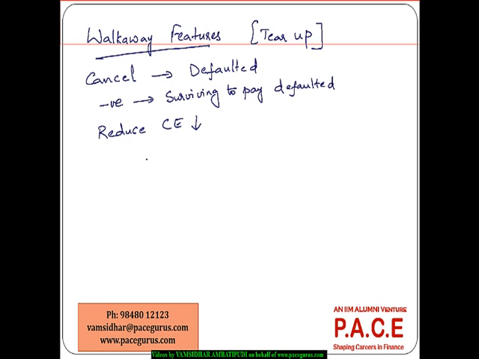Right? I'm not getting any kind of a benefit. It's not reducing my credit exposure, but it is really allowing me to stop making payment to my defaulting counterparty. So I'm not obliged to settle the amount that I owe to my counterparty. So that is probably a benefit that I am getting, and I will get that benefit only if my mark to market value with the counterparty is negative.